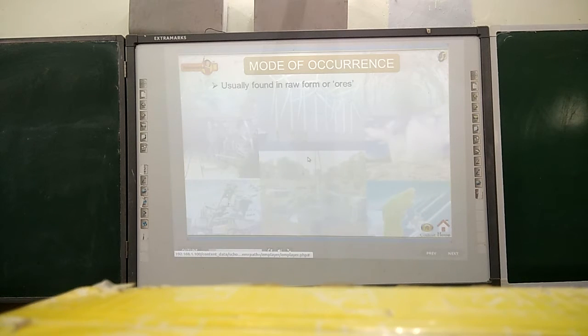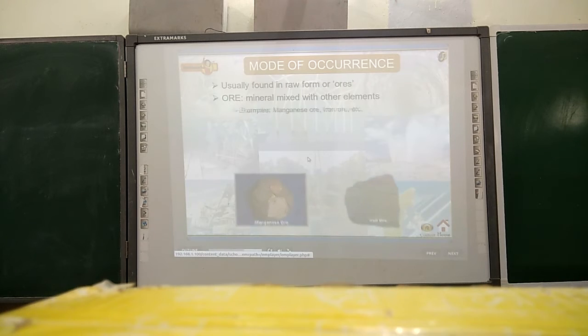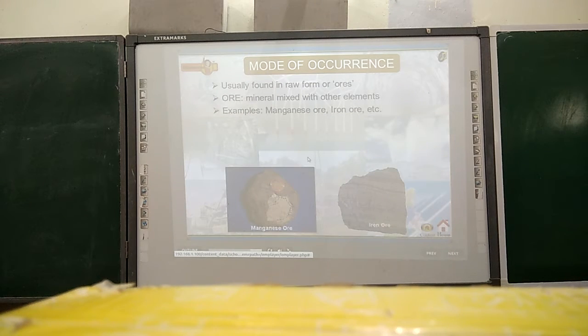Minerals are usually found in the raw form or ores. An ore is a mineral mixed with other elements. For example, manganese ore, iron ore, etc. Economic viability of the ore depends on sufficient content of mineral, ease of extraction, and closeness of the mine to the market.